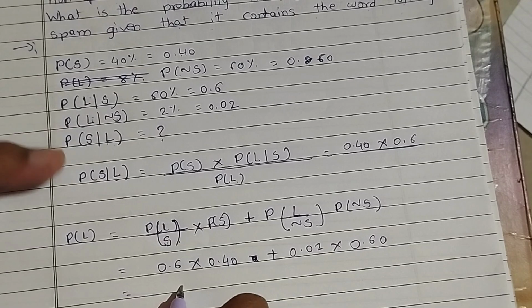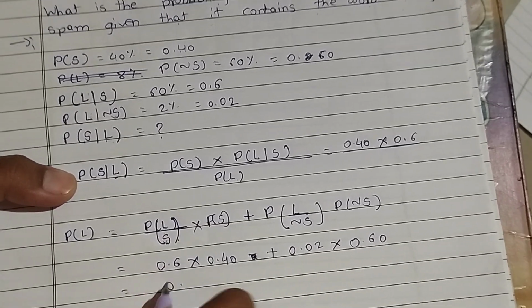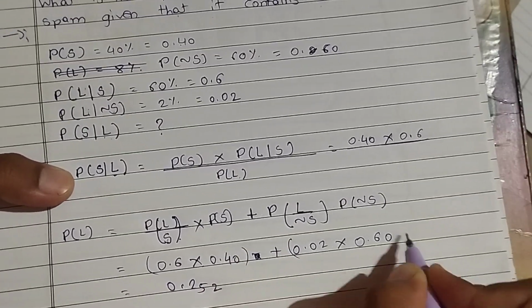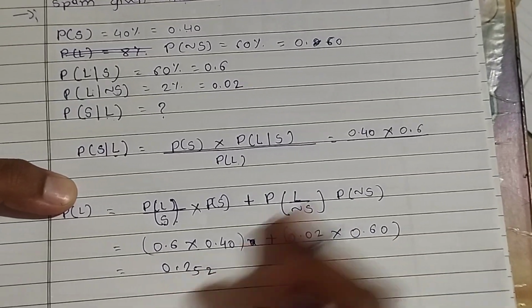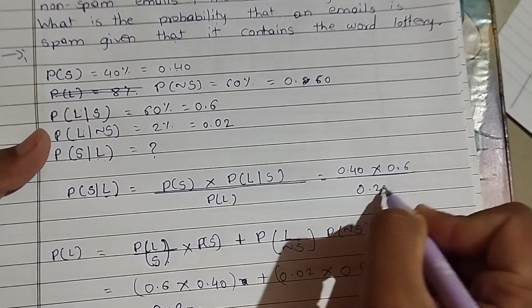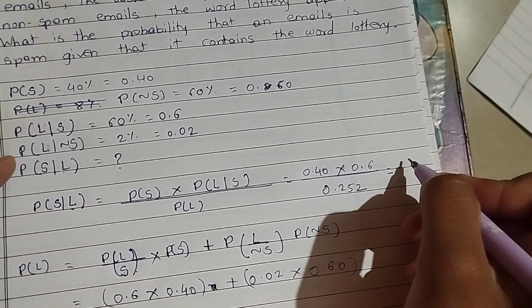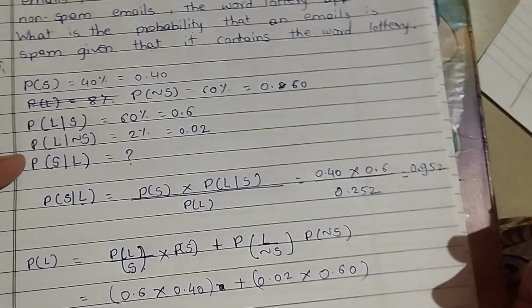Calculating, we get 0.252 plus this term. If you put this value here and calculate the terms, you get 0.952.